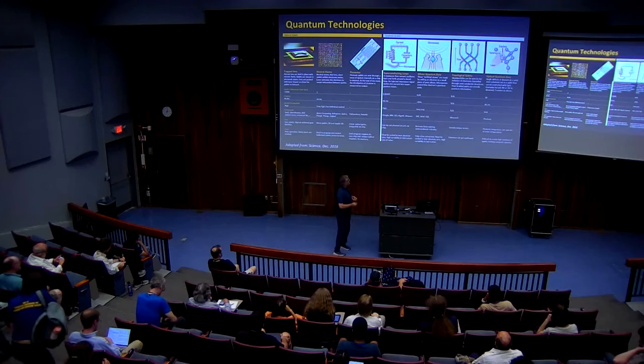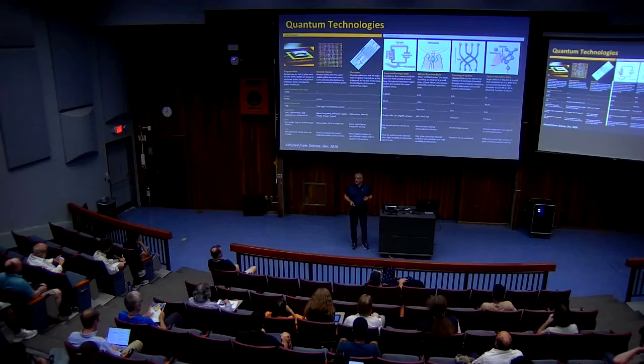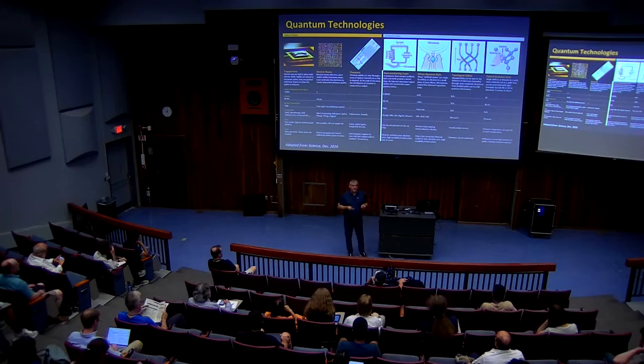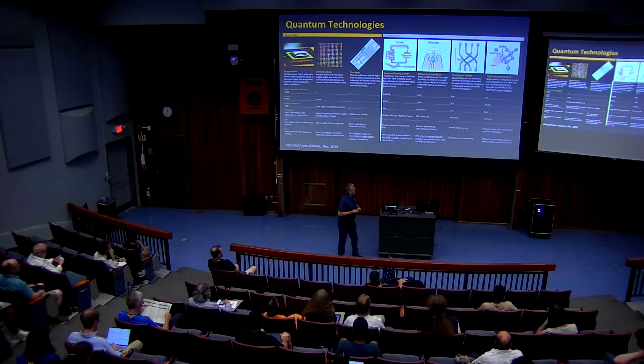And some of the other platforms, this morning we heard a lot about other solid state platforms where you can wonderfully localize individual quanta in things like silicon or other materials. Even diamond has some interesting defects that can have quantum control.